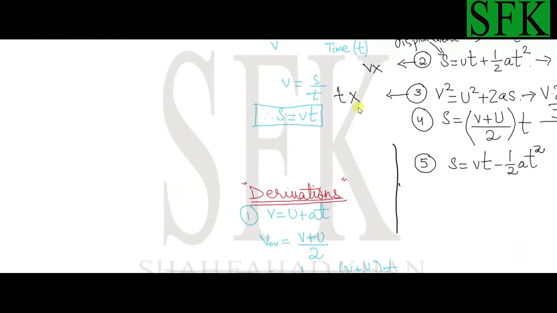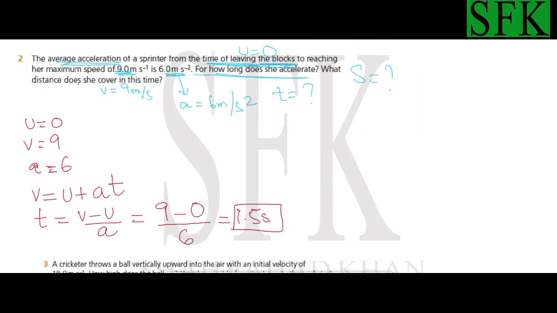Now let's find the distance that she has traveled. We have the time, the acceleration, and the initial and final velocities. We can just use the formula s is equal to ut plus half at squared. u is 0.